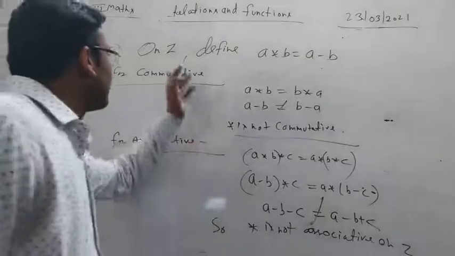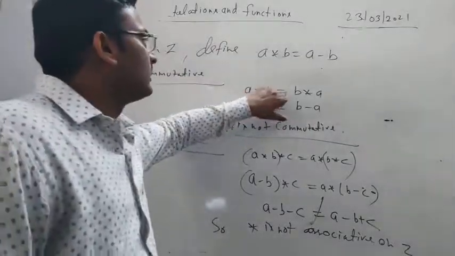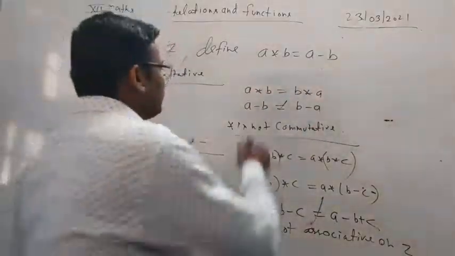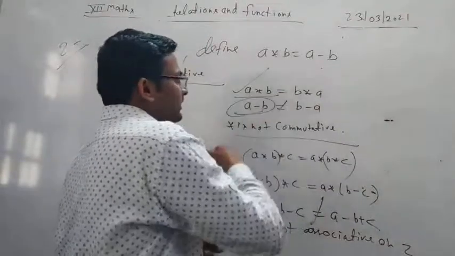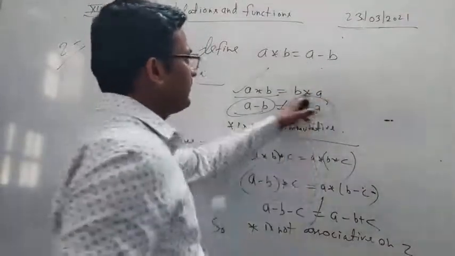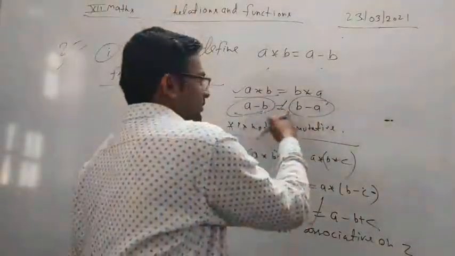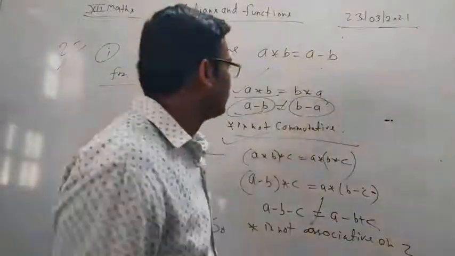okay students, for commutative we take A star B is equal to B star A. So A star B we can write as A minus B, and B star A we can write as B minus A, and A minus B is not equal to B minus A, so our star is not commutative.